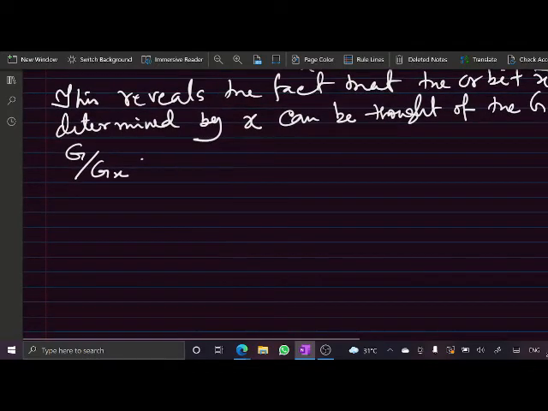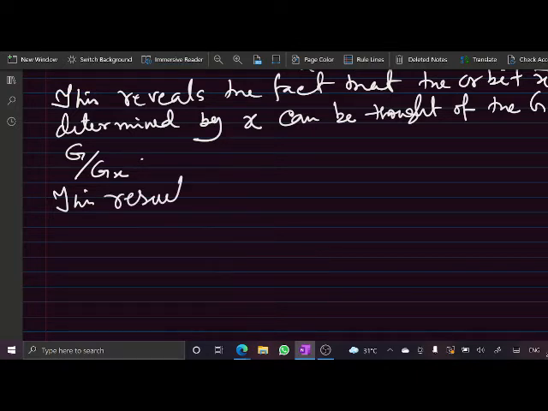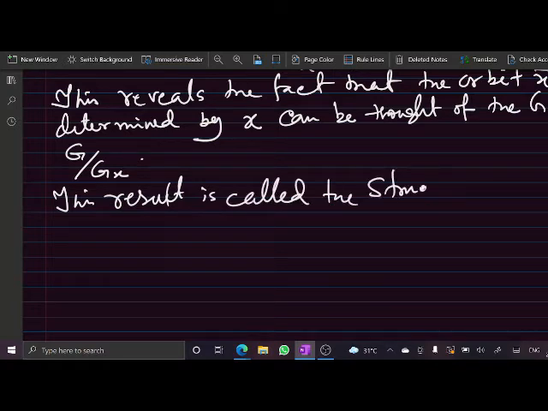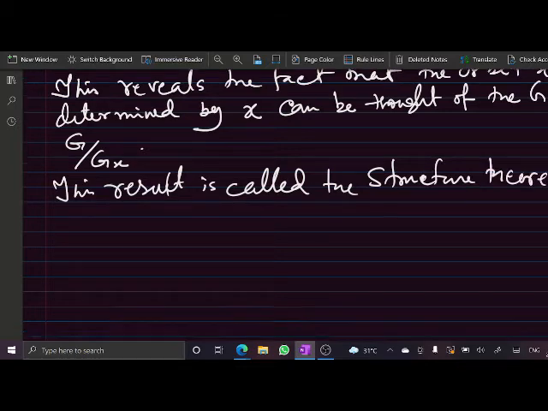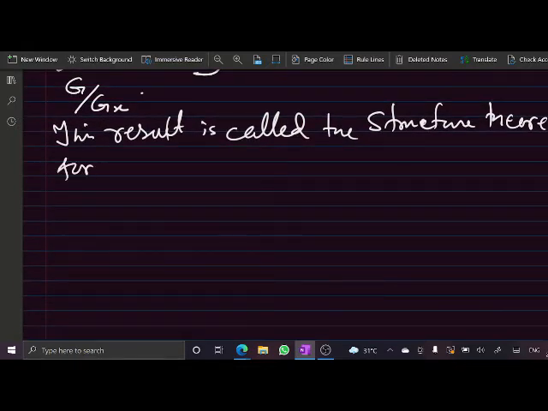And this result is called the structure theorem for orbits.